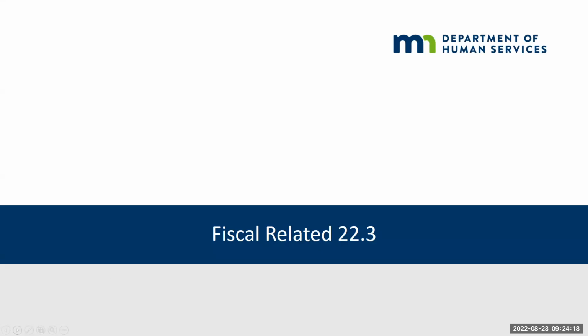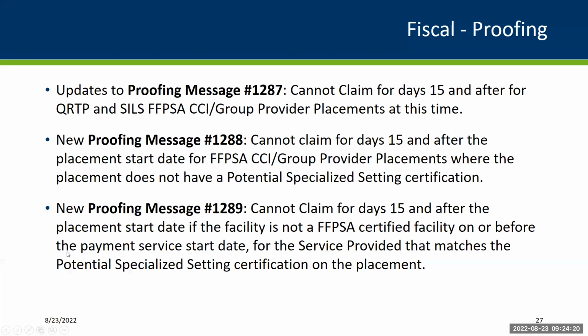Good morning, everyone. Thank you, Ross. There has been an update to a newly implemented proofing message 1287. The logic has been removed from claiming days 15 plus for specialized setting, sex trafficking, exploitation, and at risk, and pregnant and parenting youth.